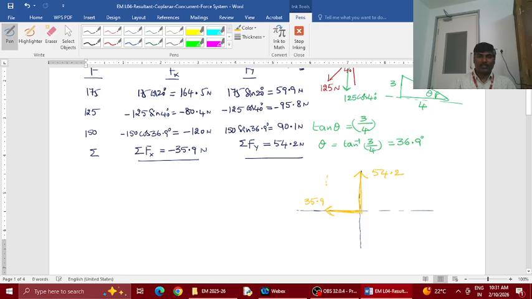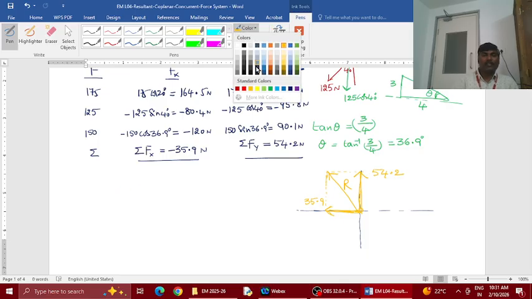Now the resultant is just the diagonal from the origin, closing the rectangle. That is the graphical method.